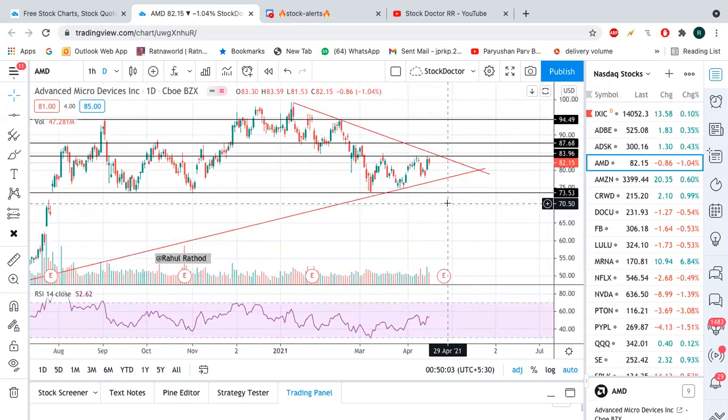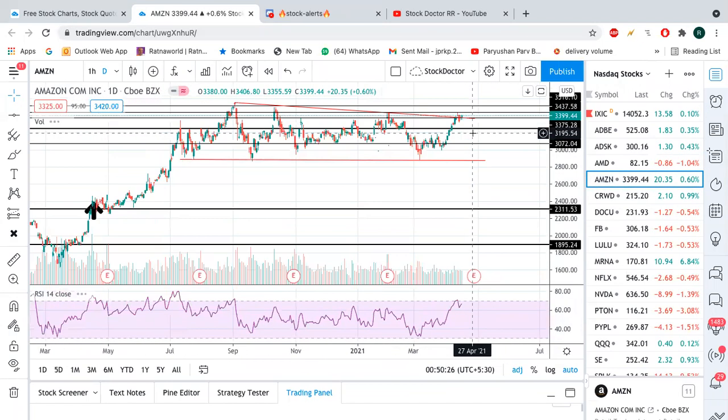So I will wait for the price action. If it breaks this horizontal resistance and trend line, then I will take a position for the target of 87 and 94. At this point of time, I will keep this stock on wait and watch mode.